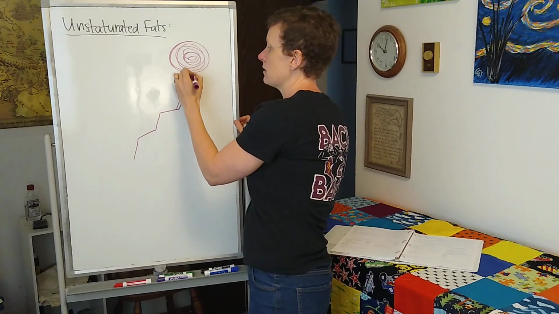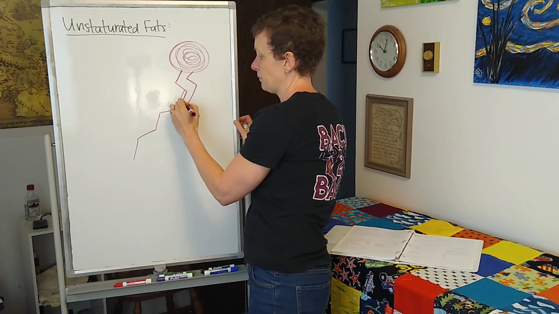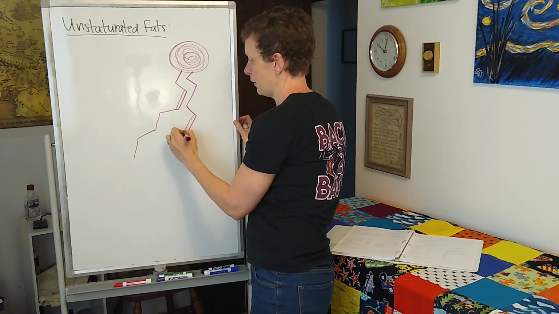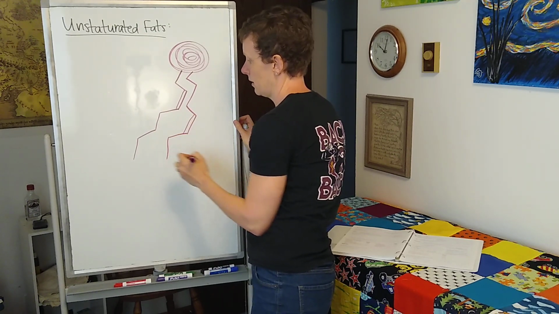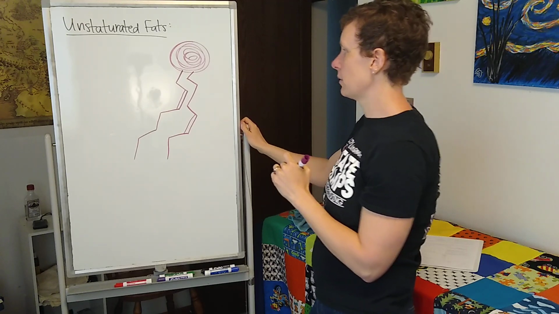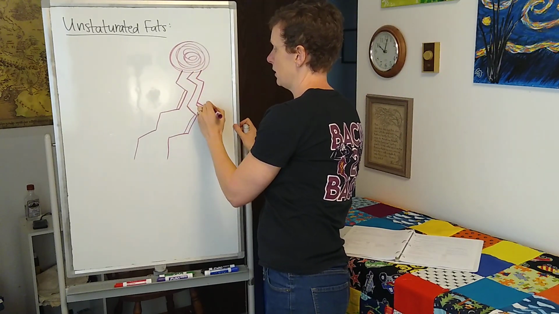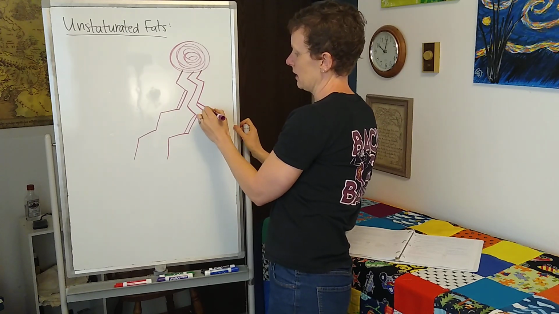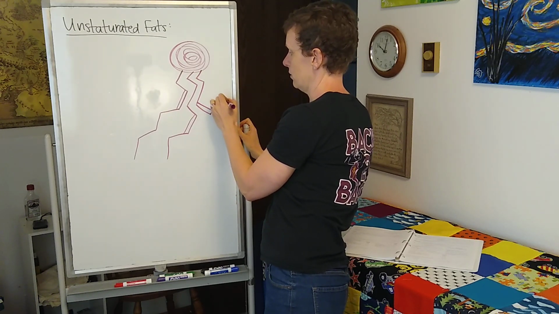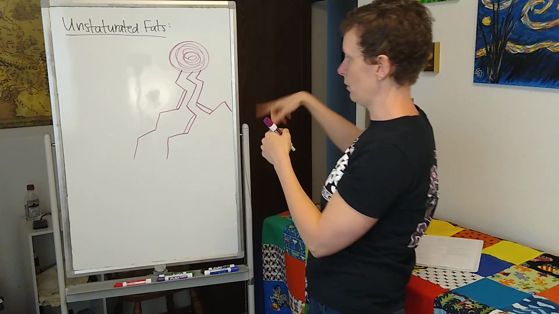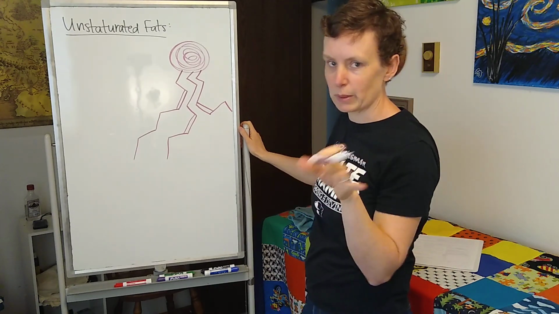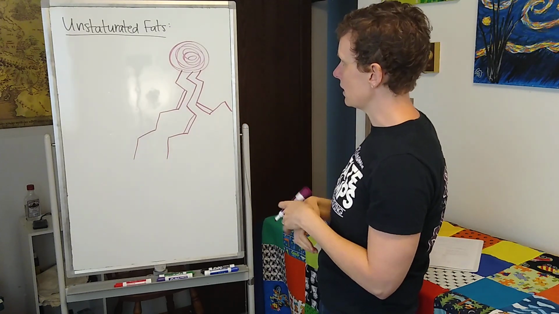Now the next tail, I'm going to do that double bond in a different place. And then this one, I'm going to do it on a zig instead of a zag. Ooh, I'm going to run out of space, but that tail would continue on. If you have more space on your paper, add more zigs here.